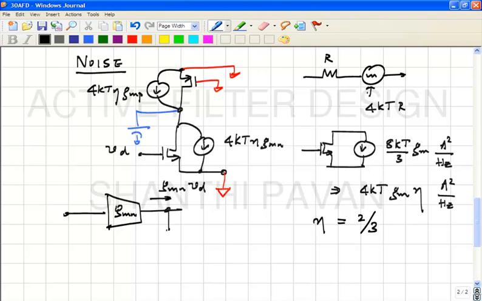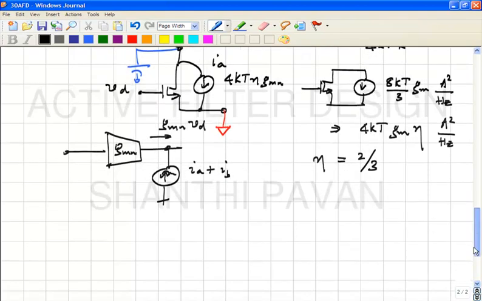In parallel with this current, there is also a noise current, right. If I call this IA and this IB, and if these were deterministic sources, this current would be IA plus IB, correct. So in terms of spectral densities, the output noise IN out is nothing but IA plus IB.